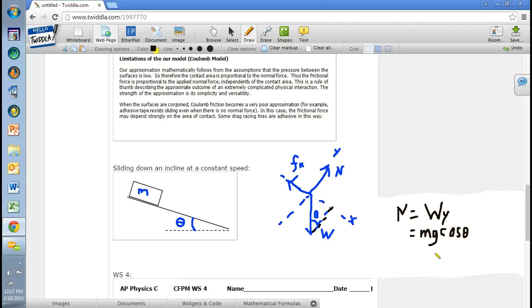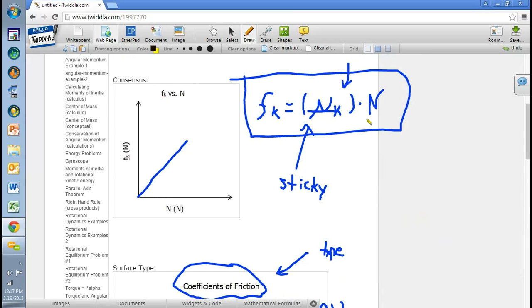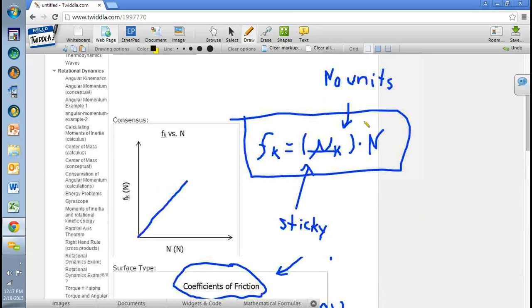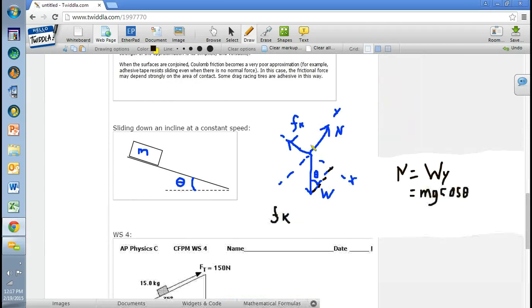Now I want to figure out another equation here. Let's look at kinetic friction. Keep in mind this thing's going at constant speed. Yes, I do know my mathematical model up here is Fk equals mu k times normal, but I'm going to skip that, and I just want to look at my free body diagram. What's Fk going to be equal to?